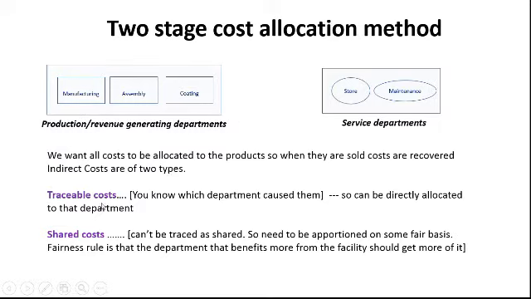Now, it will be helpful if you think about these costs as either traceable cost or shared cost. So first you list all the indirect costs and then start thinking about each cost. Is it traceable? By traceable, I mean that you can clearly see which department is causing how much of the cost.